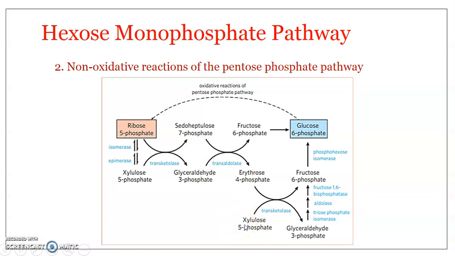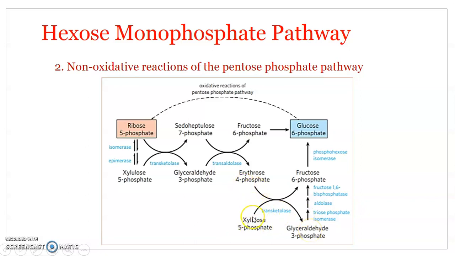Here a 2-carbon glycolaldehyde gets transferred from xylulose 5-phosphate onto erythrose 4-phosphate. When the 2-carbon glycolaldehyde is removed from the 5-carbon xylulose, it becomes glyceraldehyde 3-phosphate, right?